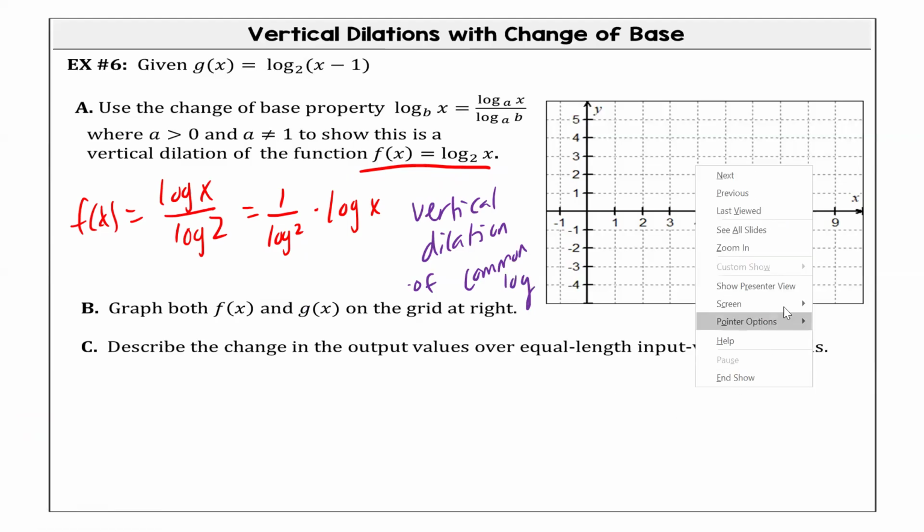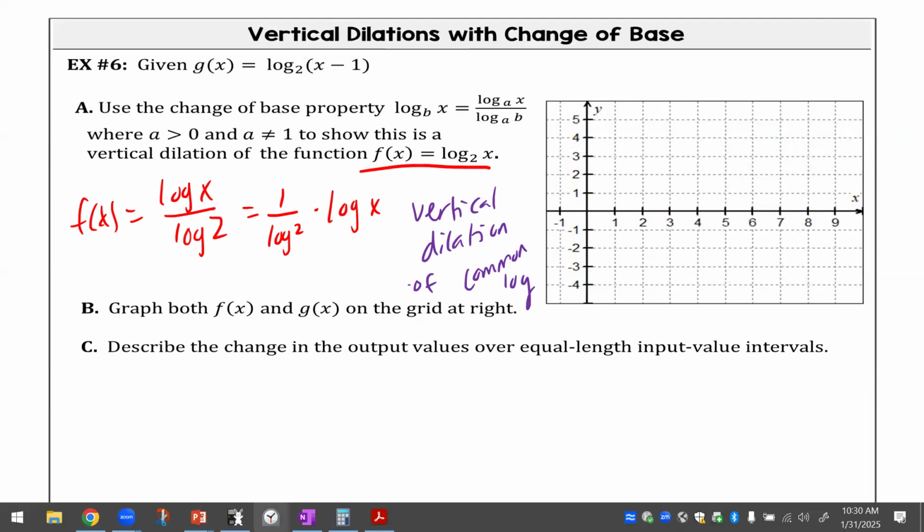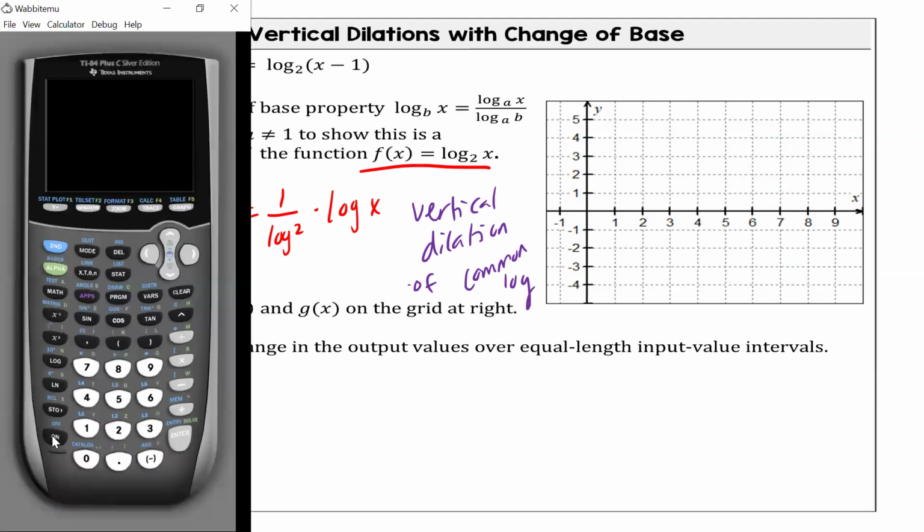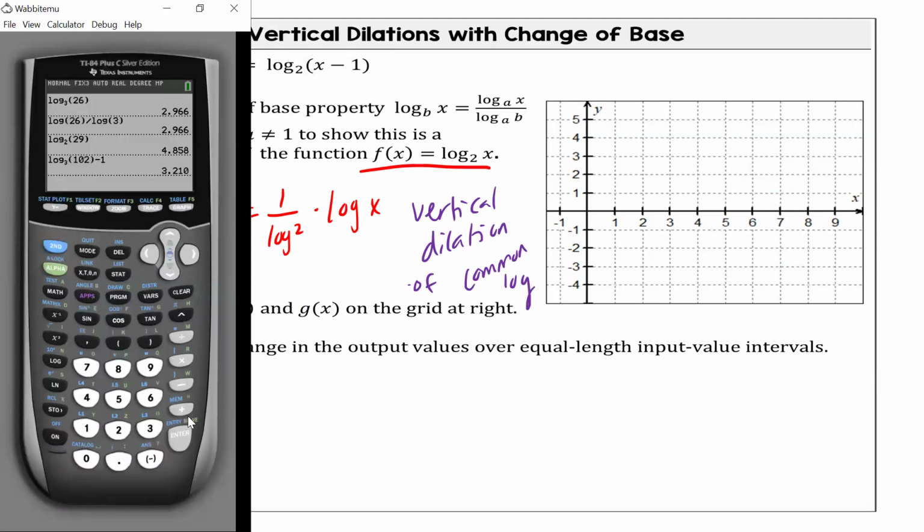So what that means, if I go here to my calculator, I'm going to reset. So we have y equals. If I hit alpha window and I type in log base 2 of x, and I'm going to hit graph so we can see what the graph looks like.